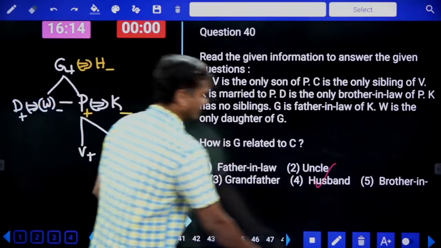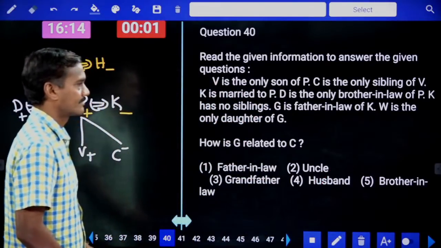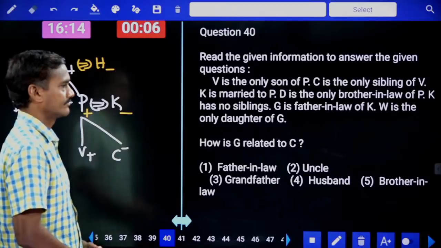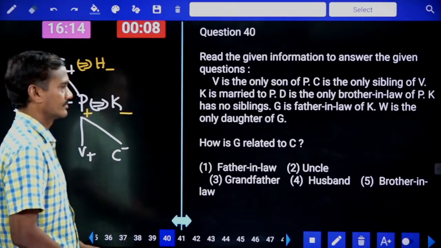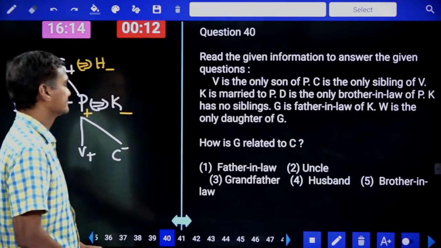Then finally question number 40 in this, blood relations. How is G related to C?